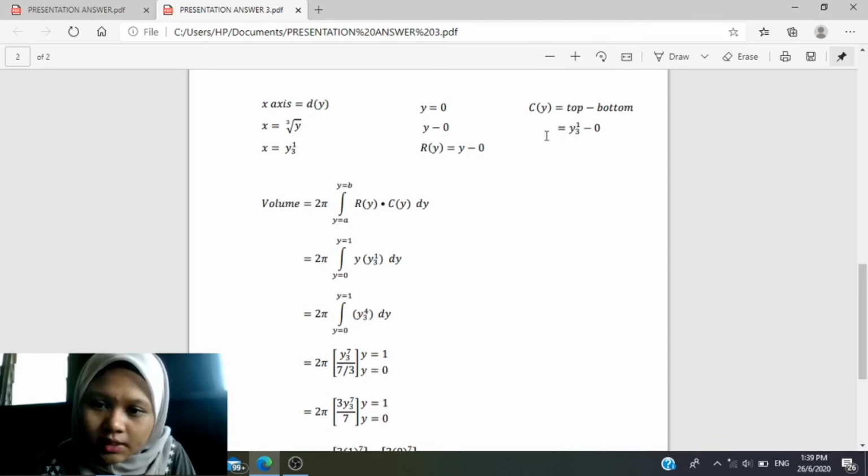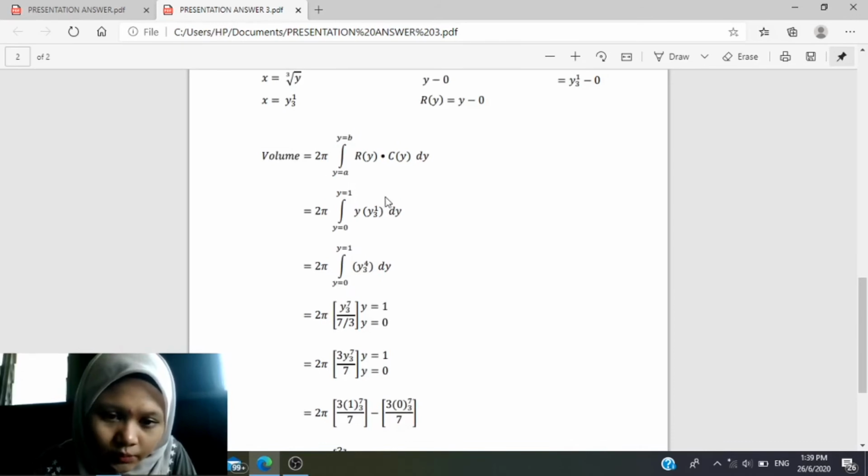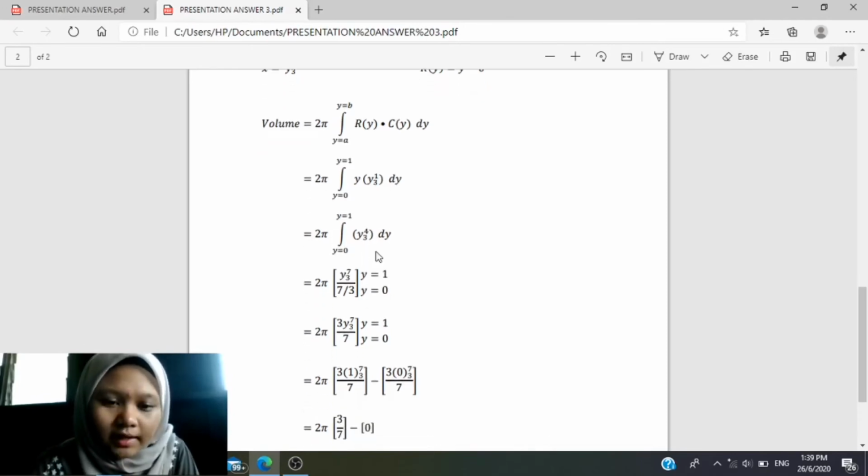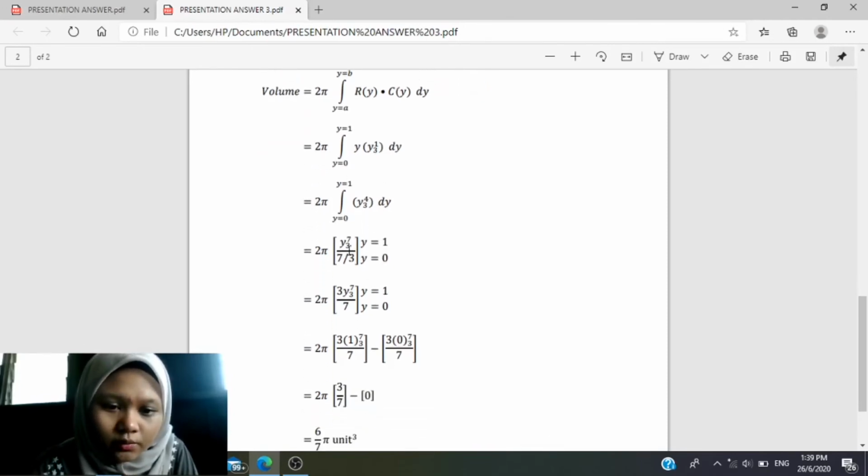We got cy as just y to the power of 1 over 3, and then we solve here. ry times cy, we got y to the power of 4 over 3, and then we integrate here. We got 3y to the power of 7 over 3, over 7.